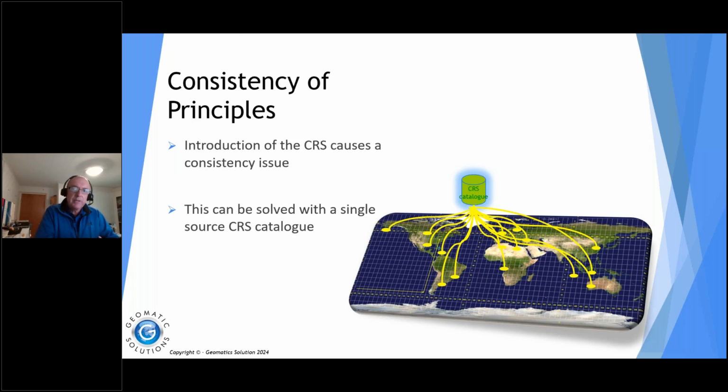Because if we say that it's a coordinate reference system, that coordinate reference system represents a number of parameters. I'm not sure how much you know about how a coordinate reference system is made up, but it contains ellipsoid definitions, prime meridians, datums, coordinate systems, and a lot of parameters on conversions, if it's a projective coordinate system.